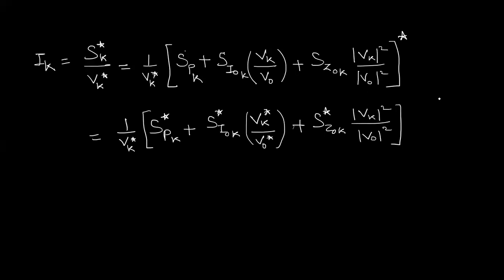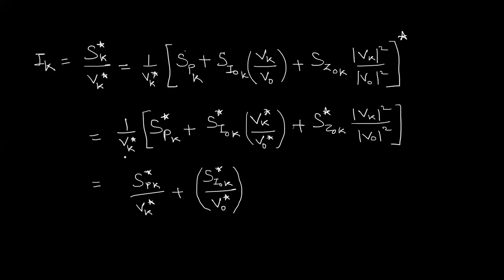So conjugate we did, and let us multiply by vk conjugate inside. This is spk conjugate by vk conjugate plus i0k conjugate divided by v0 conjugate.